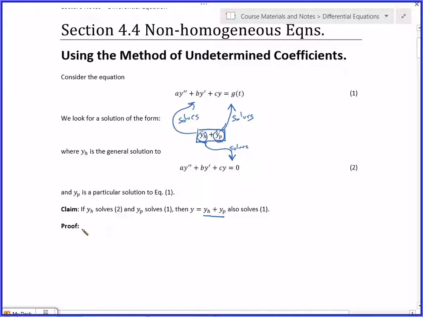So let's consider if y is equal to YH plus YP, two separate functions, just by using the properties of derivatives being linear. The derivative of y is then YH prime plus YP prime, whatever they are. And y double prime would be YH double prime plus YP double prime.